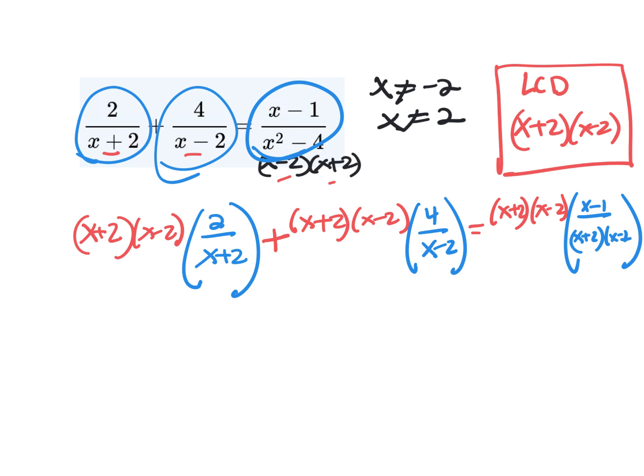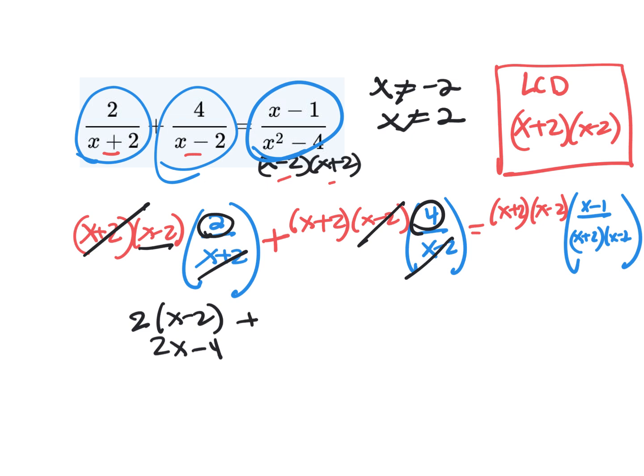Back at my first term, the x plus 2 will cancel out, and then I'm going to have 2 times x minus 2, and I'm going to distribute that. I'm then going to have the x minus 2's cancel out, and that will leave me with 4 times x plus 2, and I'm going to distribute that.